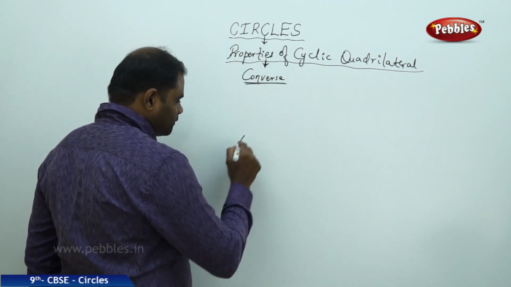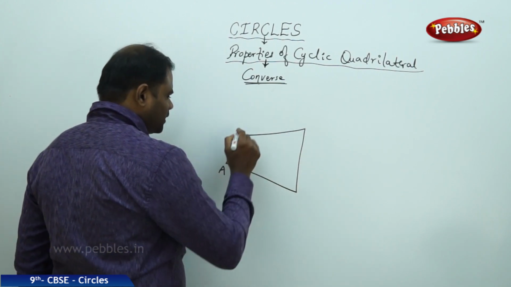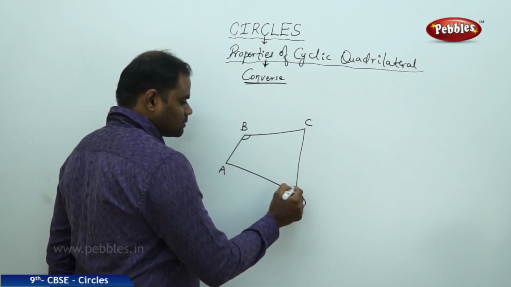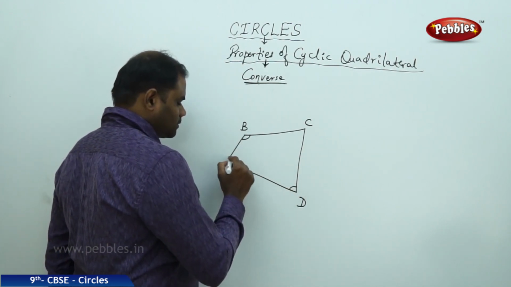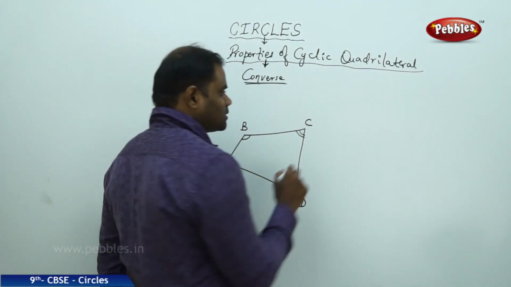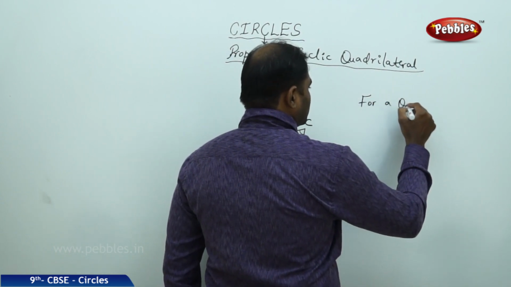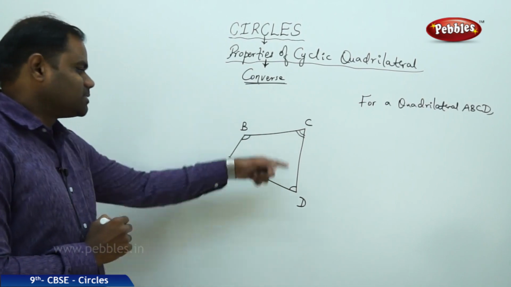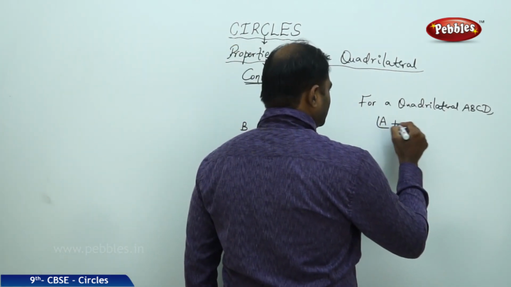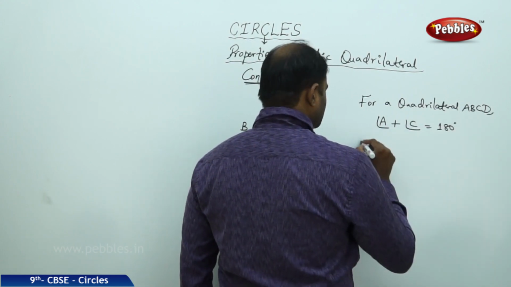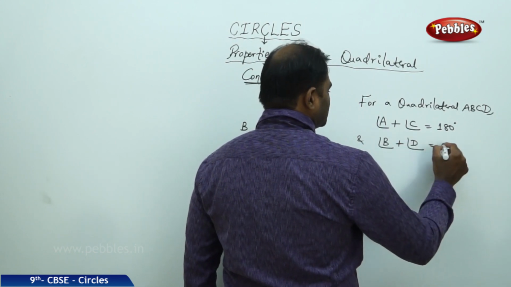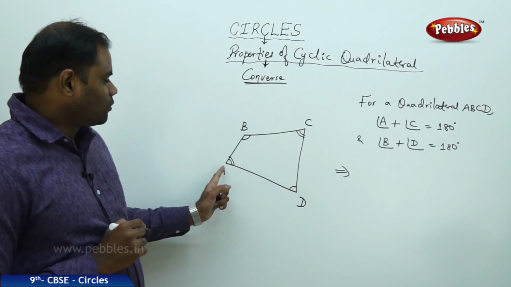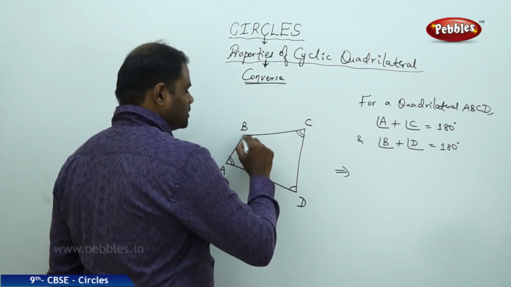So the property says that if there exists a quadrilateral ABCD such that for a quadrilateral ABCD, angle A plus angle C equals 180 and angle B plus angle D equals 180, then the property simply says that if the sum of opposite angles is 180 degrees, then the quadrilateral must be cyclic.